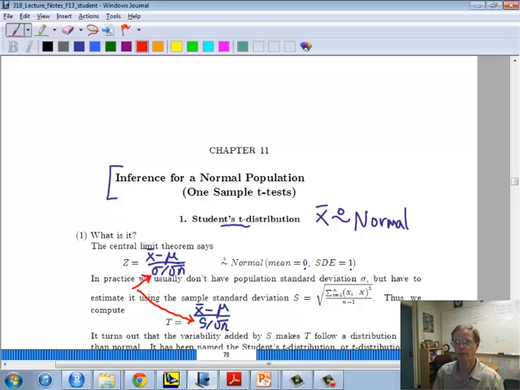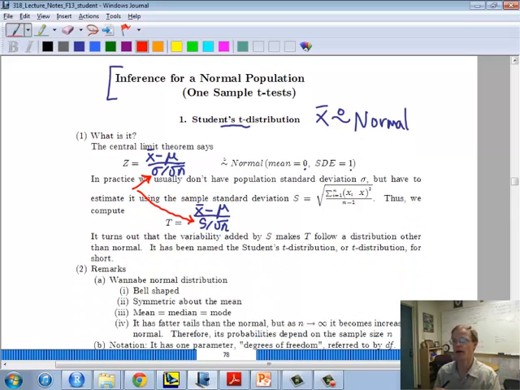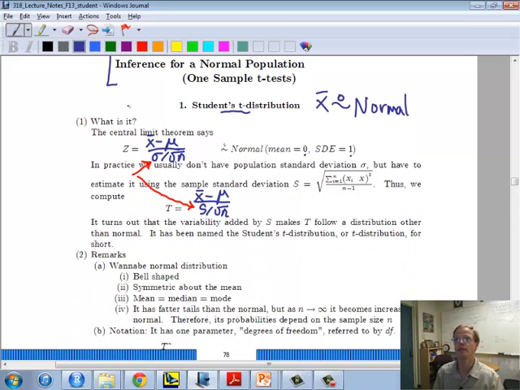When we do that, we now have more variation in the statistic, so we call that capital T instead of capital Z. It turns out that this capital T has a distribution which can be computed, and it has come to be called the student's t-distribution. I will discuss a little bit of the fun story behind that in class.